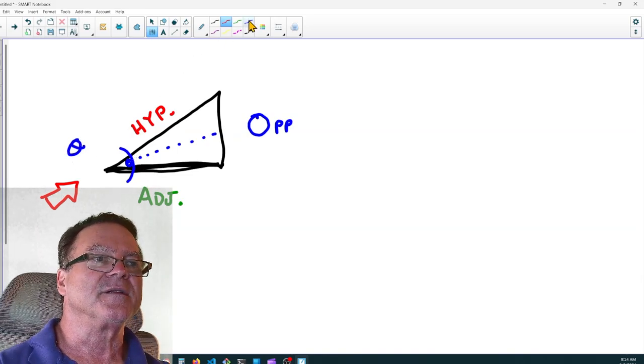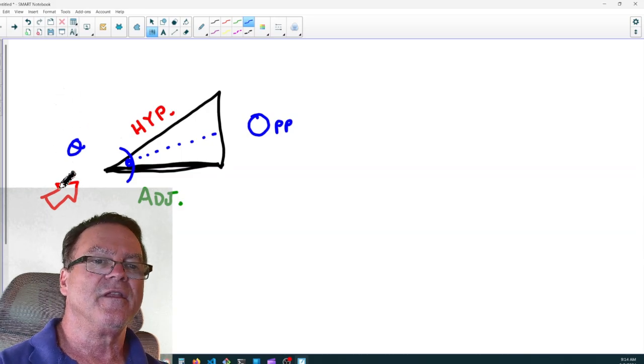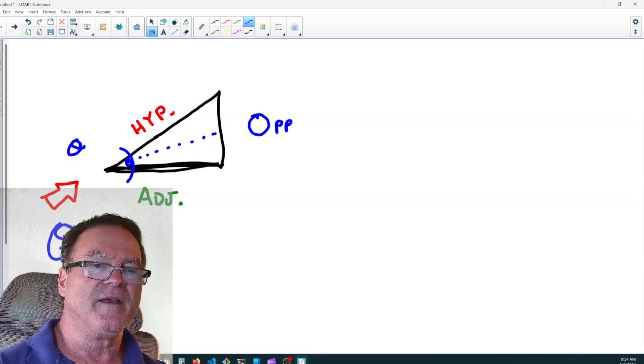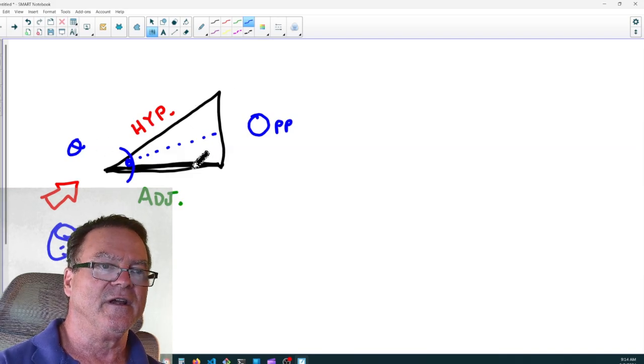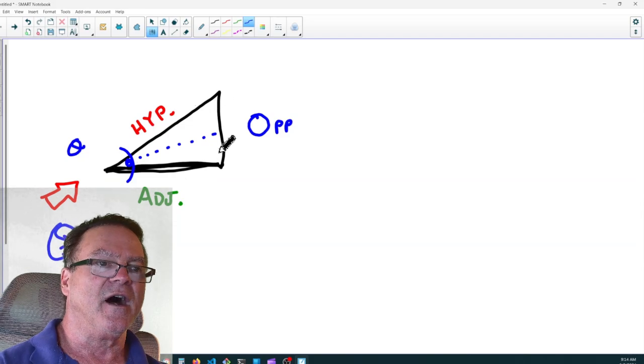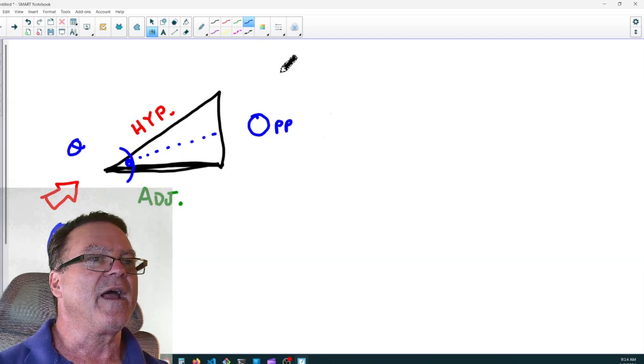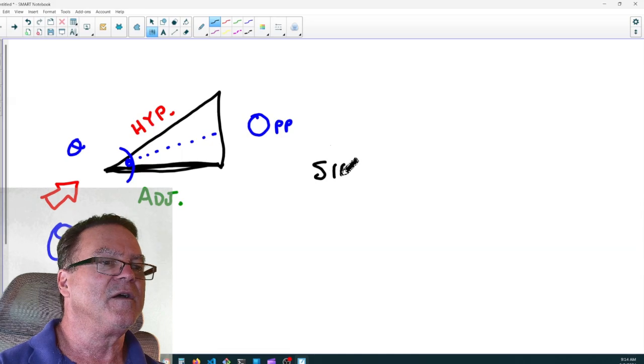Okay, so this is theta. And I had a student show me once that theta is wearing a baseball cap. So here's theta, and he's looking at this triangle. This is the opposite side, this is the adjacent side, and this is the hypotenuse. So we have these different functions: sine, cosine, tangent.